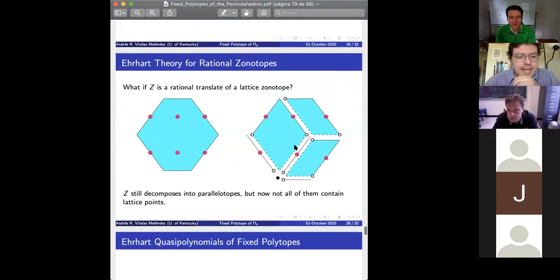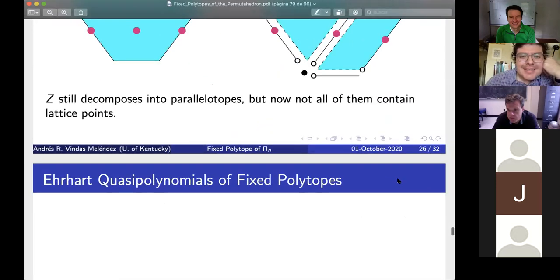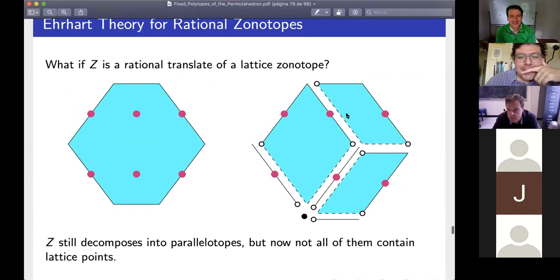So we should have how many here? 1, 2, 3, 4. So it should be 4t squared plus 2t plus nothing, because there's nothing on the other ones. I think that's right. I should have prepared this instead of doing it off the top of my head, but we should be able to see the lattice point enumerator just from the volume of these things.